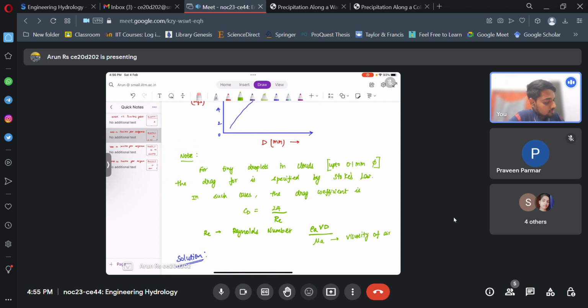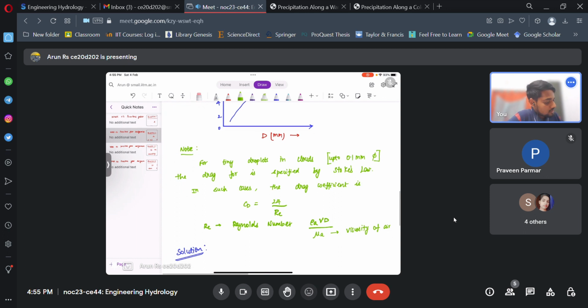But if you want to find the coefficient of drag for such sizes, it is done by using the Stokes law, and the coefficient of drag is given by 24 by Reynolds number, and your Reynolds number is given by density of air multiplied by velocity and droplet size divided by mu A, which is the viscosity of air. Clear?